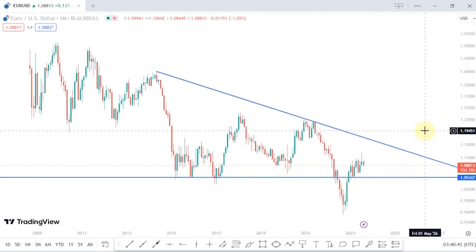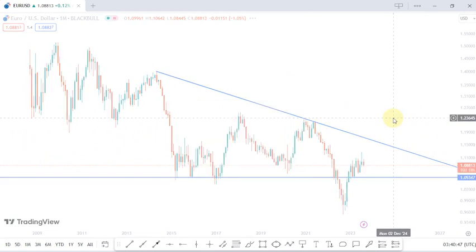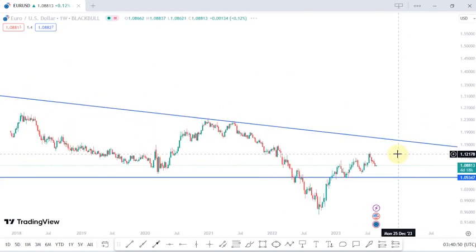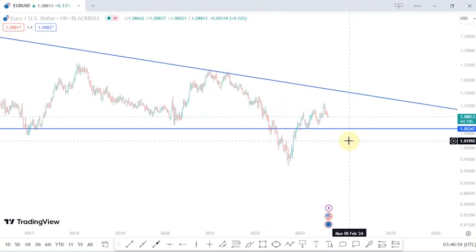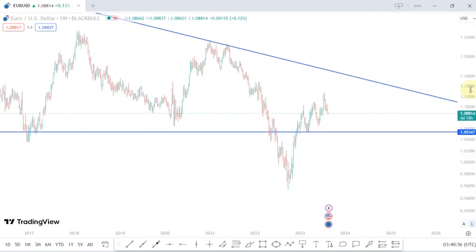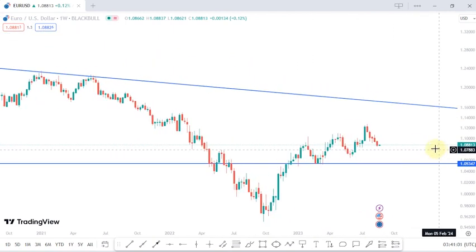Alright, so from our monthly time frame we go over to the weekly time frame to see what's going on. And I'm getting to this weekly. What can we find?